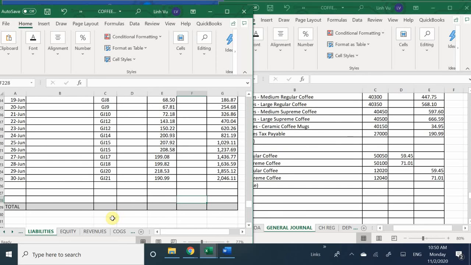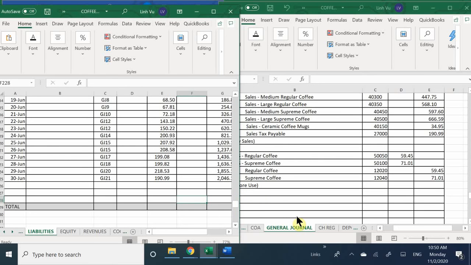So what's the first thing I'm going to do? What account am I going to go to first? Regular coffee? Okay, you want to go to regular coffee first? So what type of an account is regular coffee?